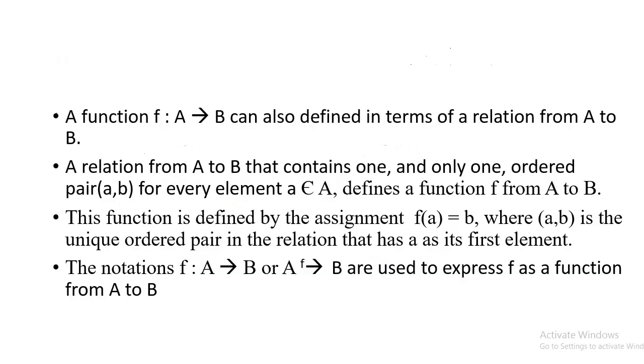Next, a function f from A to B can also be defined in terms of a relation. How can we define this? A relation from A to B that contains one and only one ordered pair (a, b) for every element a which belongs to set A defines a function f from A to B. So this is a function definition in terms of a relation.